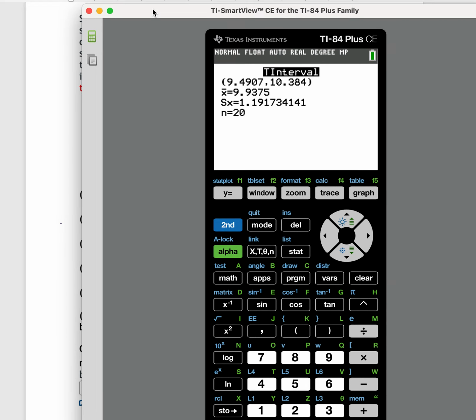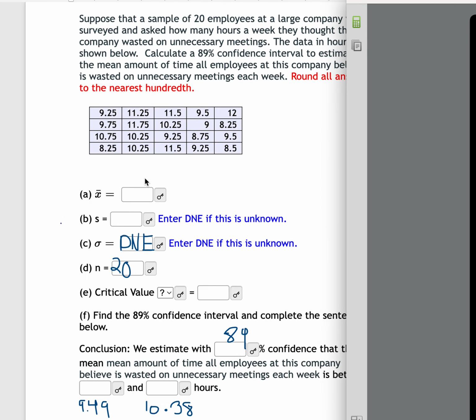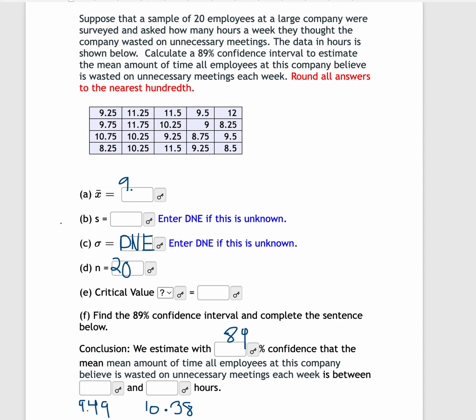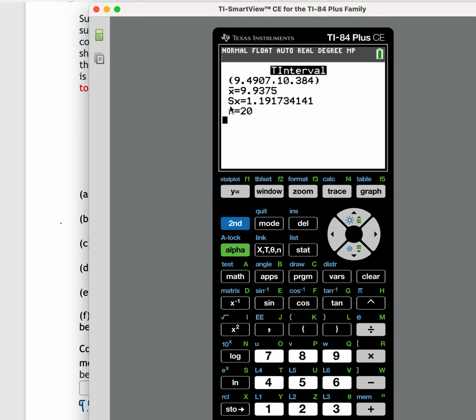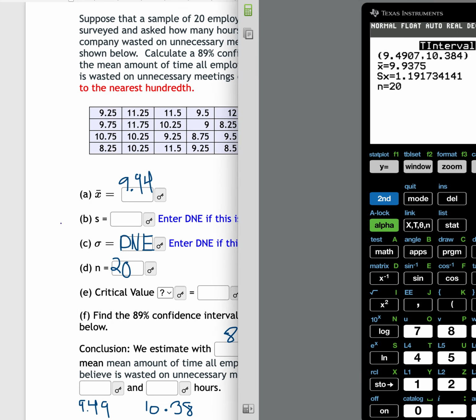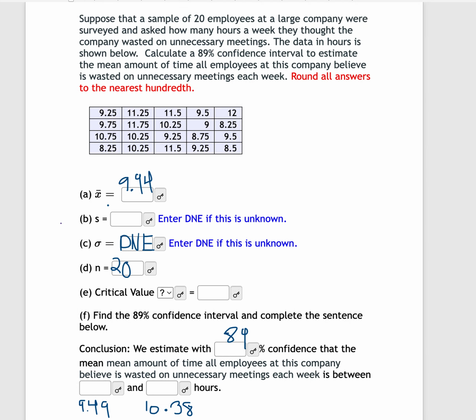And then for X bar, we're going to put 9.94 because the problem tells us to round to two places. And then our standard deviation that the calculator gave us was 1.19.